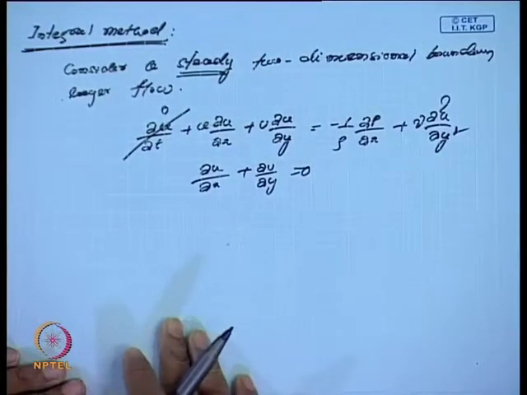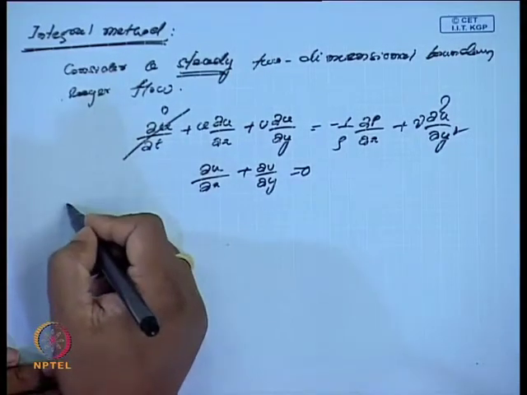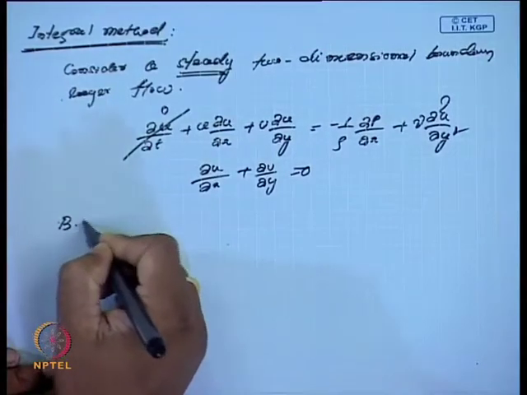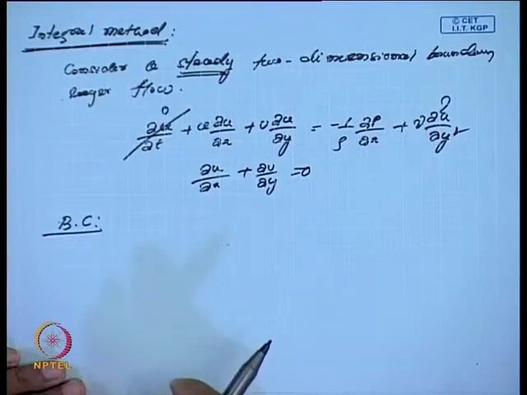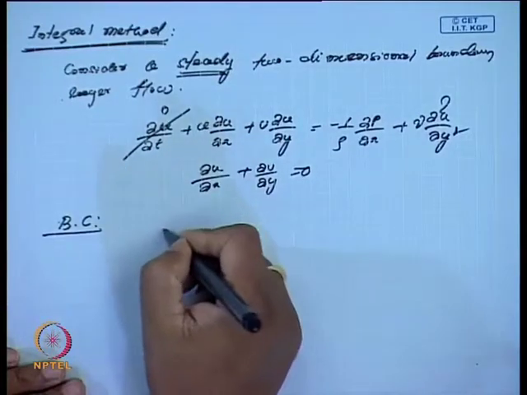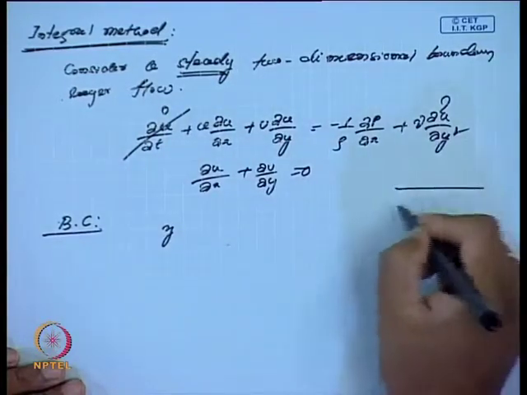Then let me look at the class of problem and what the boundary conditions are. I look at a problem subject to the boundary condition that, as usual, I look at an infinite plate.